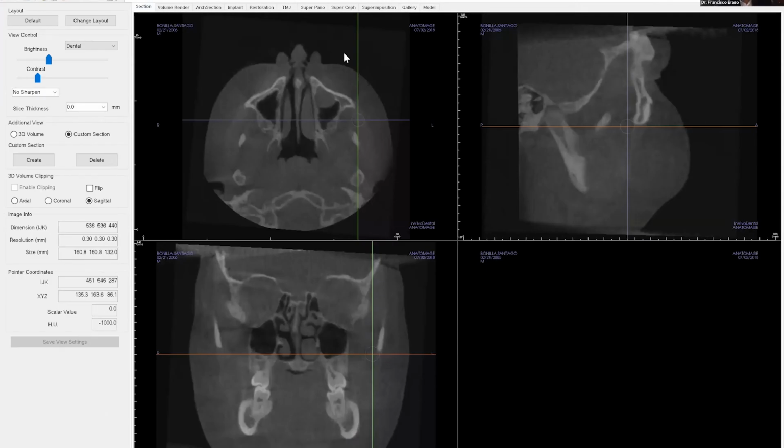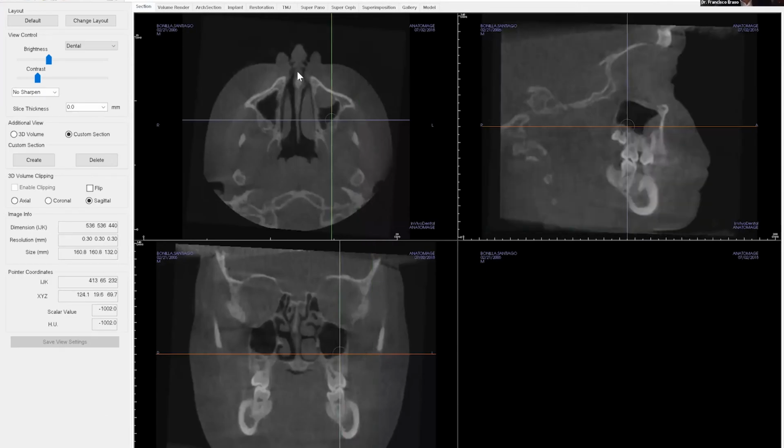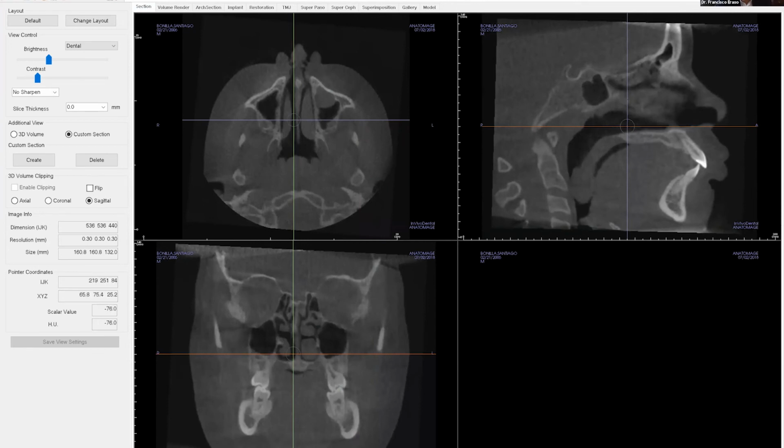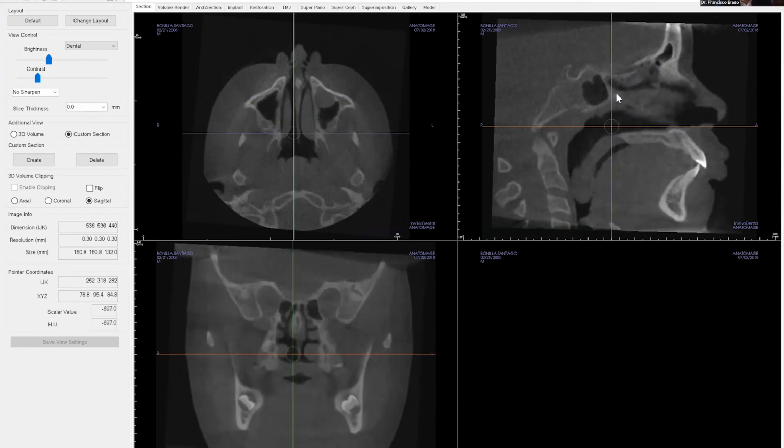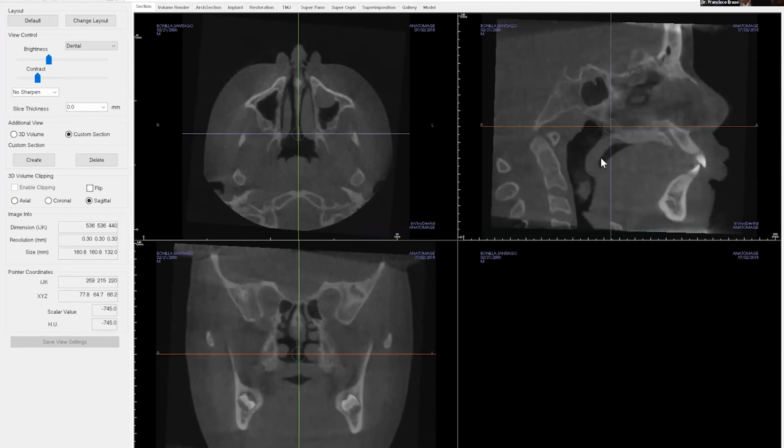Okay, so here in the cone beam, you're going to see the MPRs, which are the axials, the sagittals and coronals. And here you can explore the maxillary sinuses and paranasal sinuses. Then the airways, of course, and you measure that, and I'm going to show you in the report.